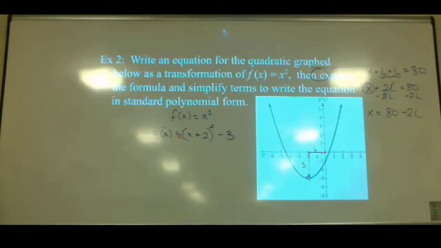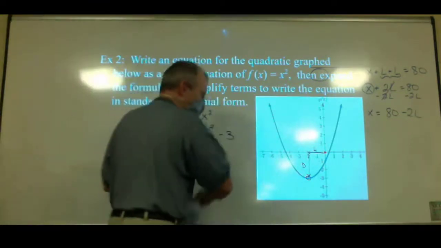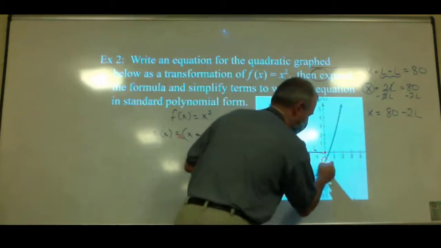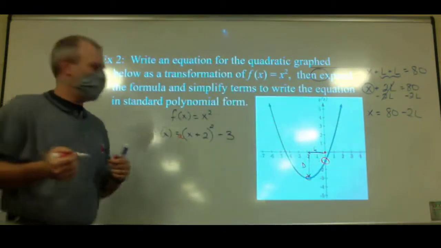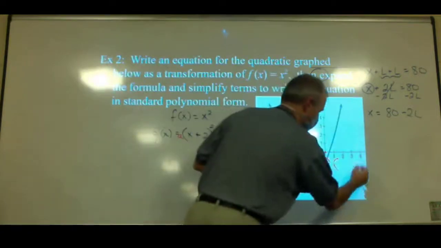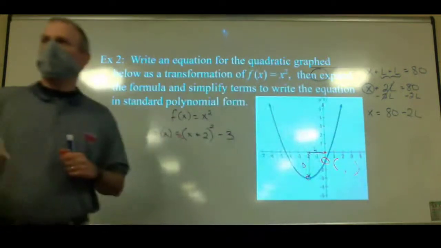If you want to figure out a missing value in your equation, you take any point on the graph and you plug it in. So probably the easiest point to choose is going to be this point right here. What's the coordinate for that point right there? 0, negative 1.